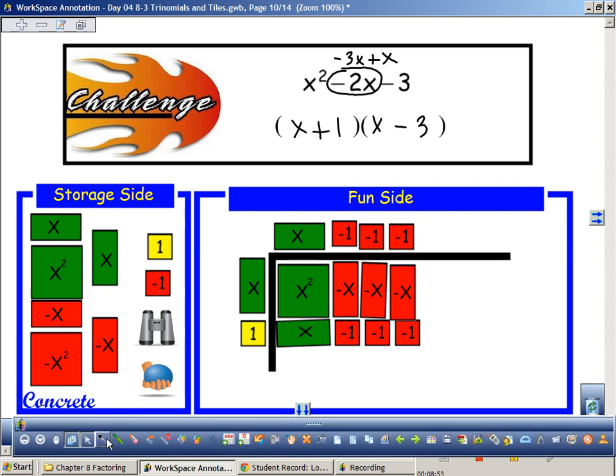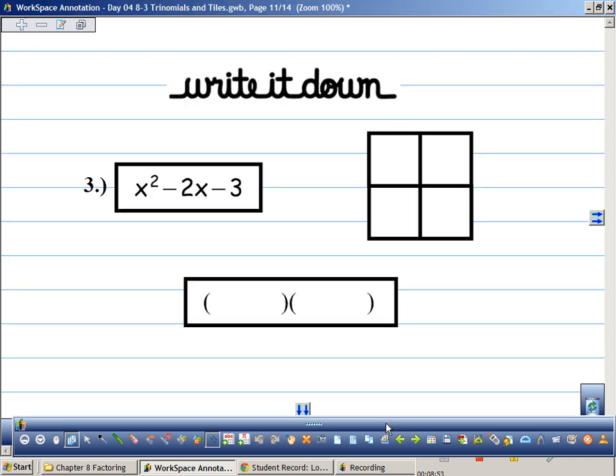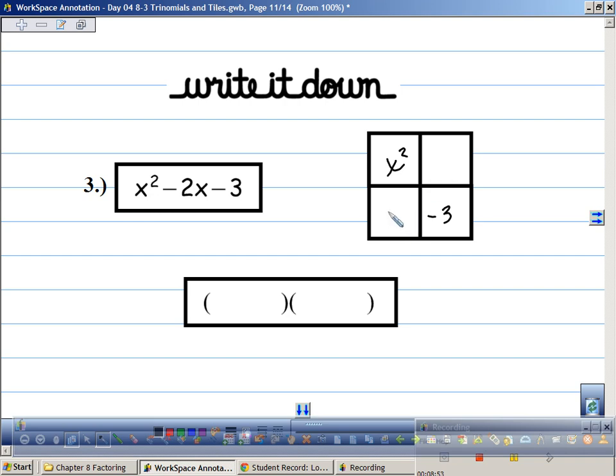So if I were to take a big X, my box, and organize these, how would that look on this page right here? What do I write here? X squared. What do I write here? Negative 3. What two numbers, when I add them, I get negative 2, but when I multiply, I get negative 3? Negative 3 and 1. Good job.